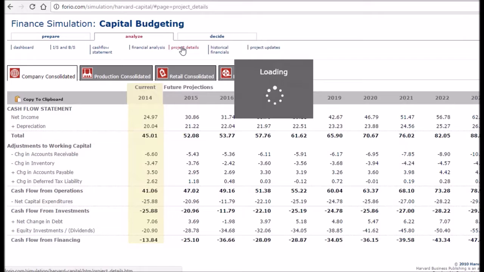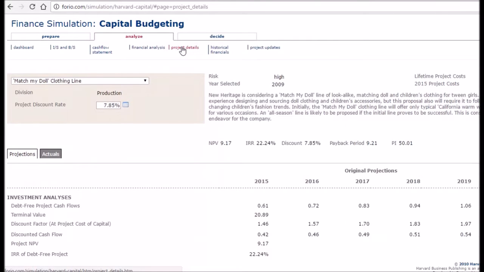This is where I really looked a lot into the projects that I chose. We were given budgets throughout the simulation, and that meant we couldn't pick everything that we wanted to, so I had to pay attention to the project details.